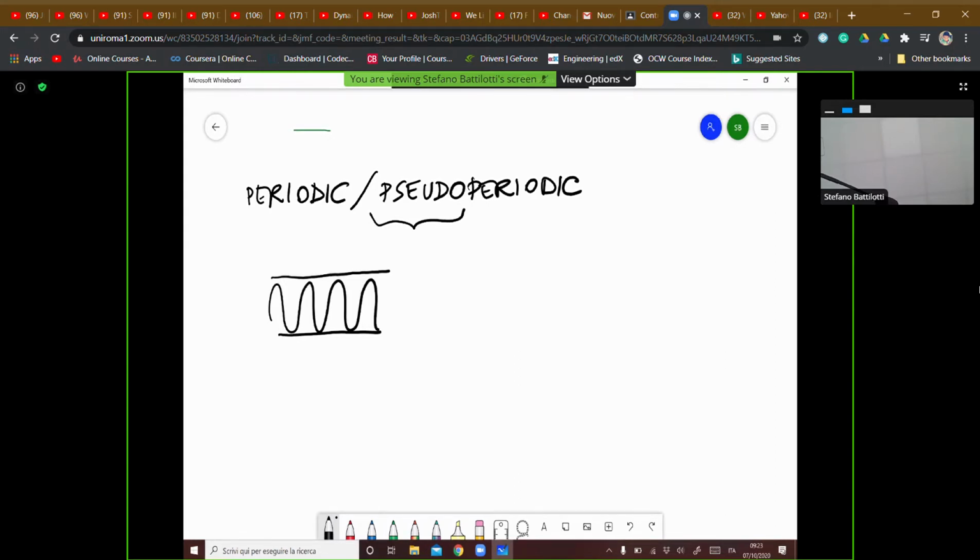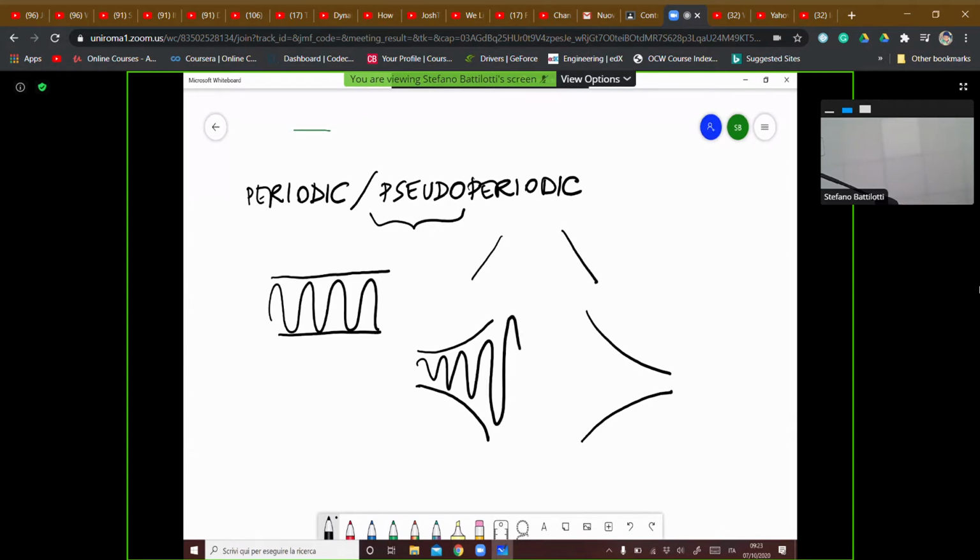Otherwise, we have pseudo-periodic modes, which may be of this form. So, diverging or converging.